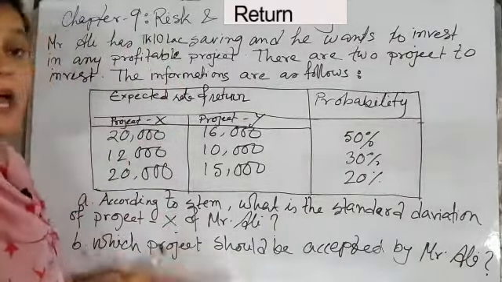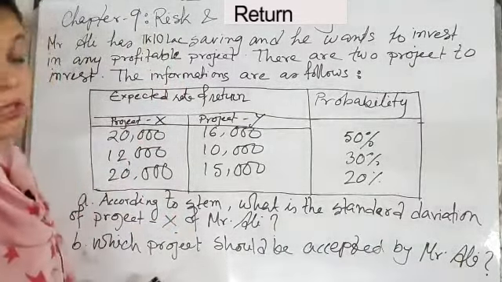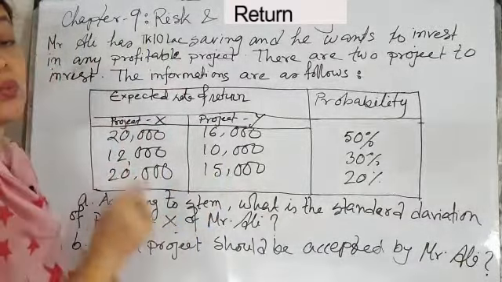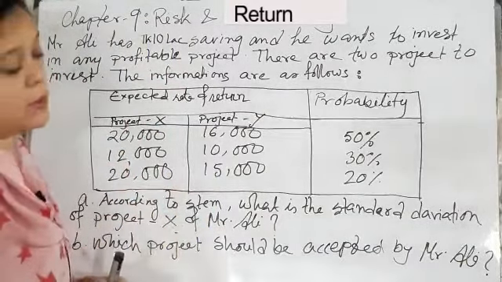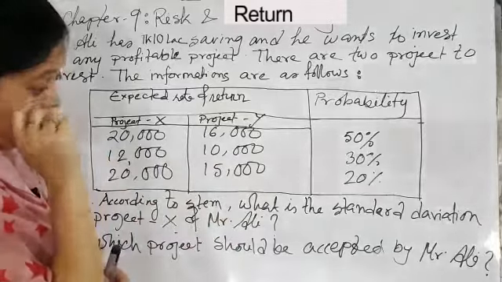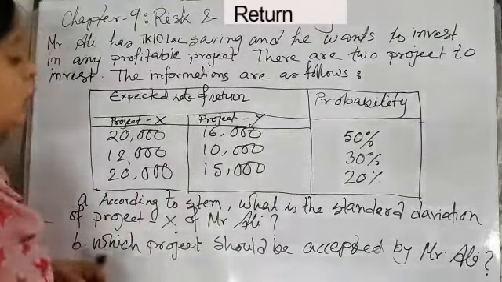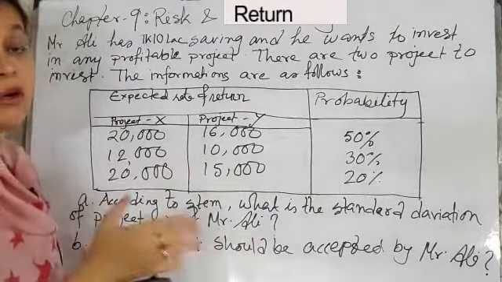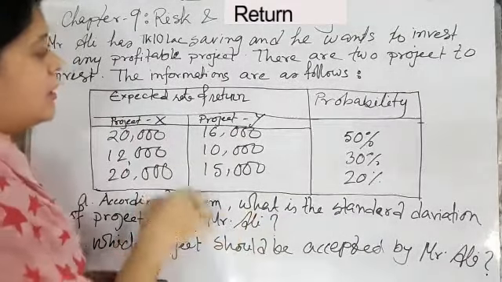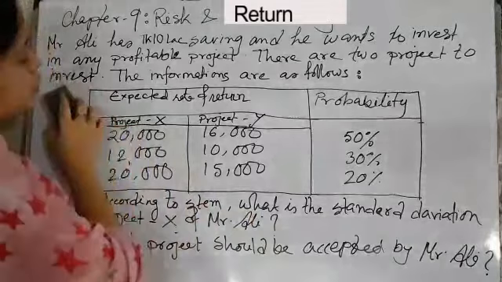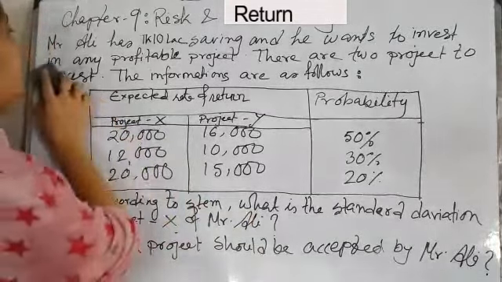Mr. Ali has to invest in any one project. From these two projects, which project will be suitable and accepted by Mr. Ali? To get this answer, we have to do two calculations, and there is a formula.